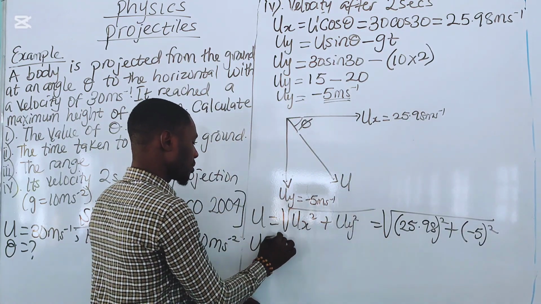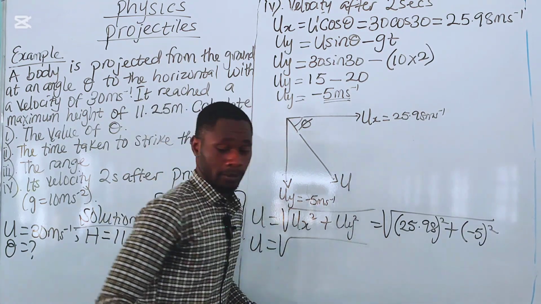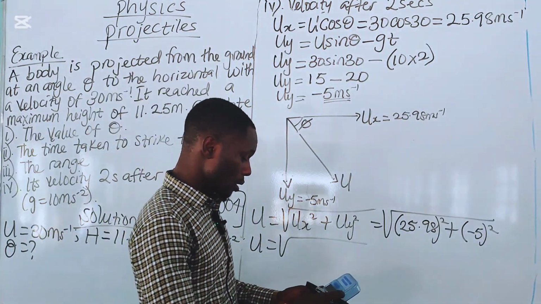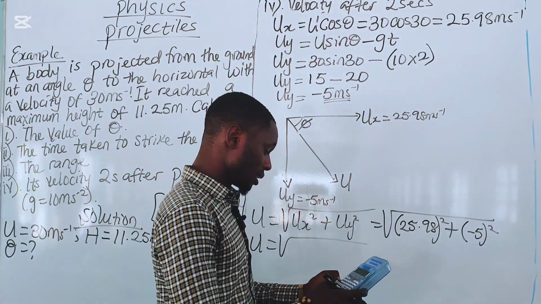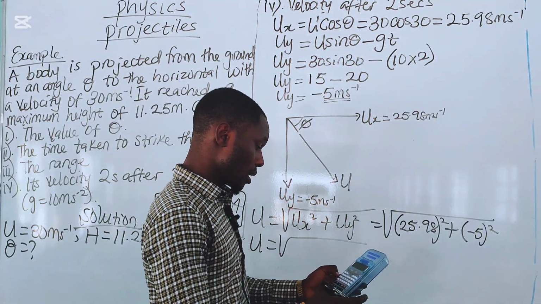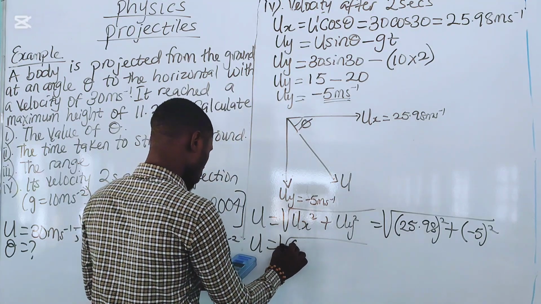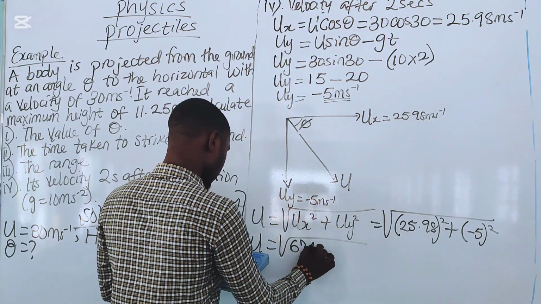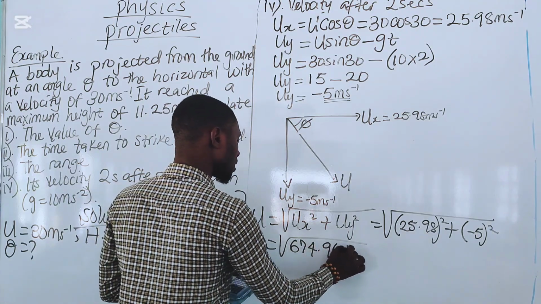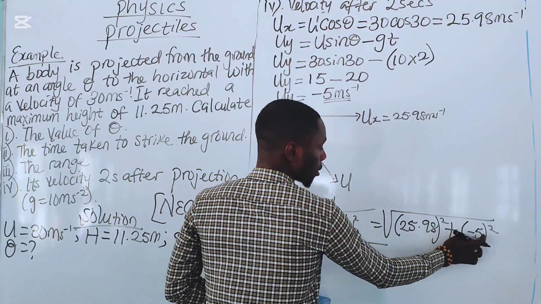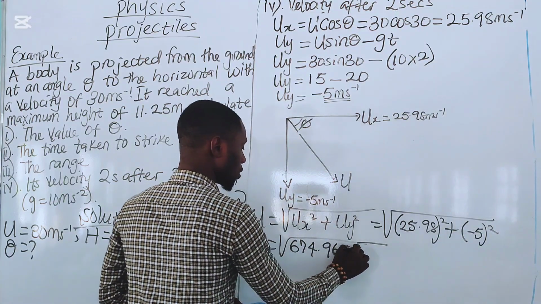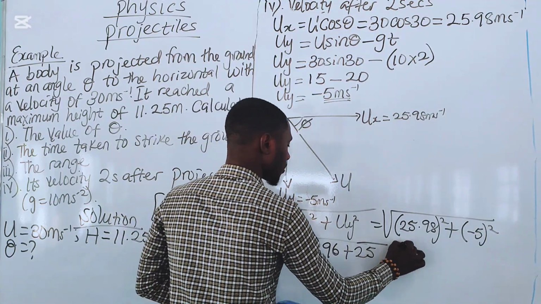So u becomes the square root of, I'll use my calculator, 25.98 squared, which equals 674.96. Now minus 5 all squared is equal to plus 25.